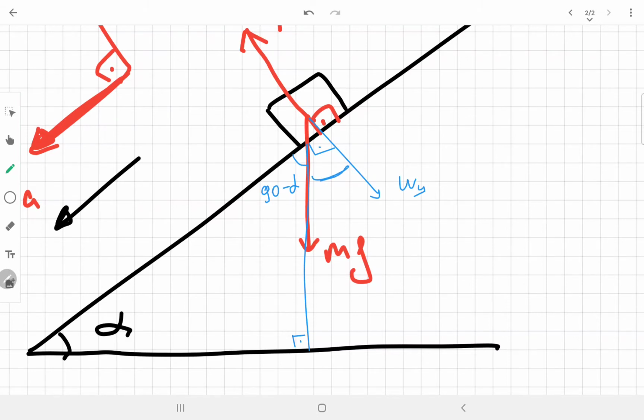So this angle will be again alpha, because this plus this should give us 90 degree. So that's why the y component, vertical component for the weight will be equal to mg times cosine alpha, and this will be the x component from the triangle, which is equal to this one, and it will be equal to mg sine alpha.